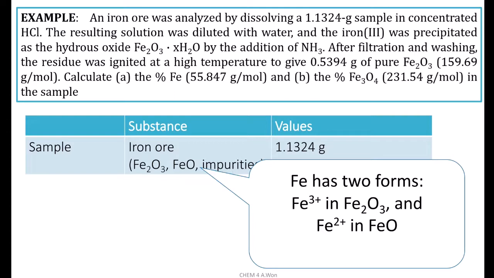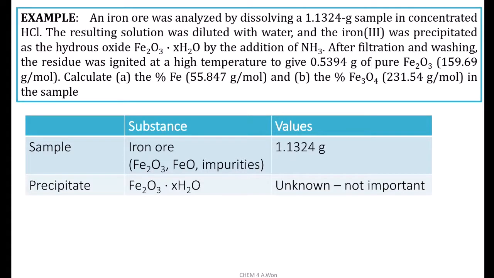Recall that these are from the two oxidation states of iron, which is Fe3+ and Fe2+. In nature, they always occur together. So it is assumed both Fe2O3 and FeO are present. These are called ferric oxide and ferrous oxide respectively.